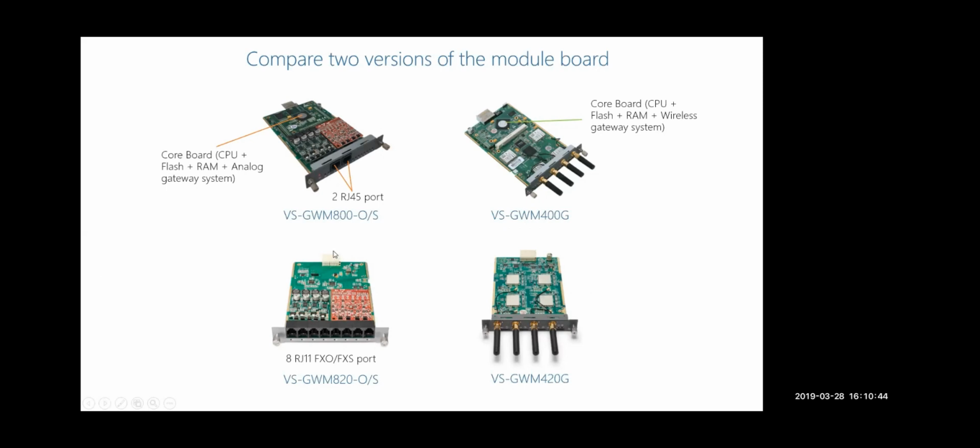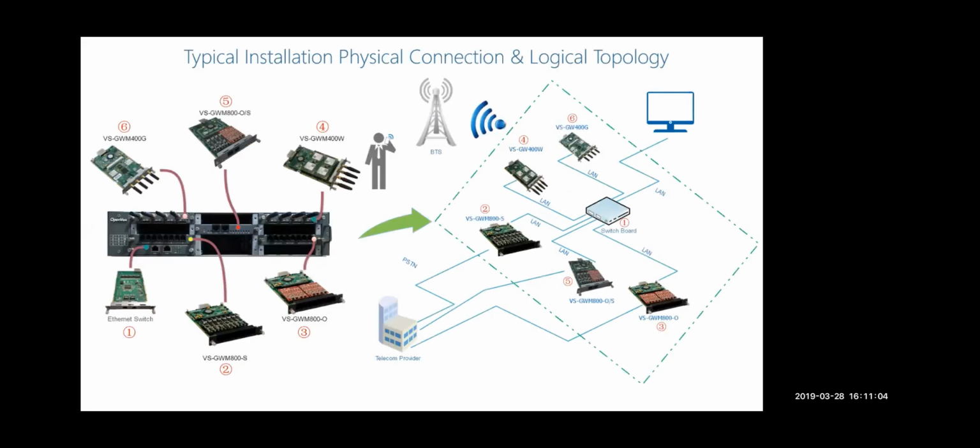These modules work like USB devices. All modules are controlled by the unique core board with its own system and IP, and they can be unifiedly managed without clustering. Having said all this, let's illustrate by examples.